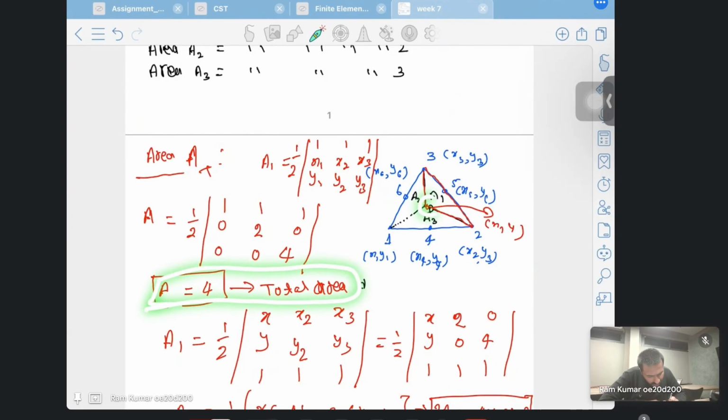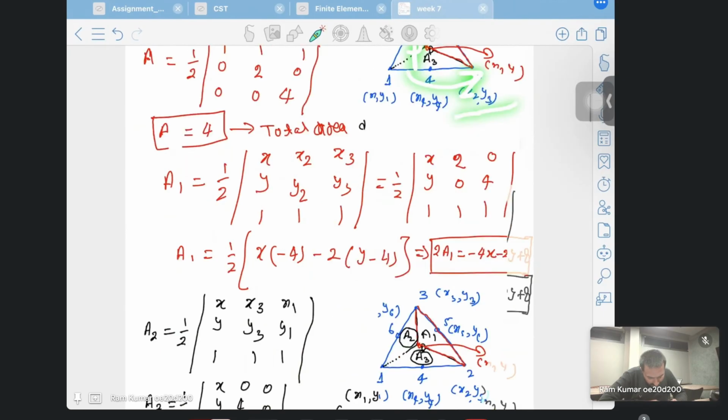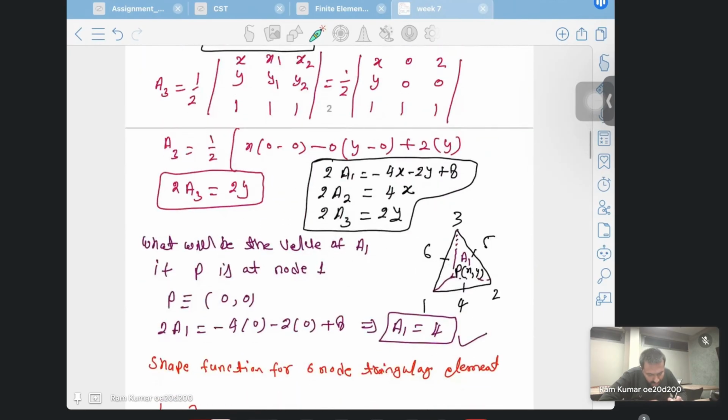So this point can be anywhere. If I shift this point P to node 2, then the coordinates of point P will become x2, y2. If I put the coordinates of point P here, then the area A2 will become the area of the total triangle.